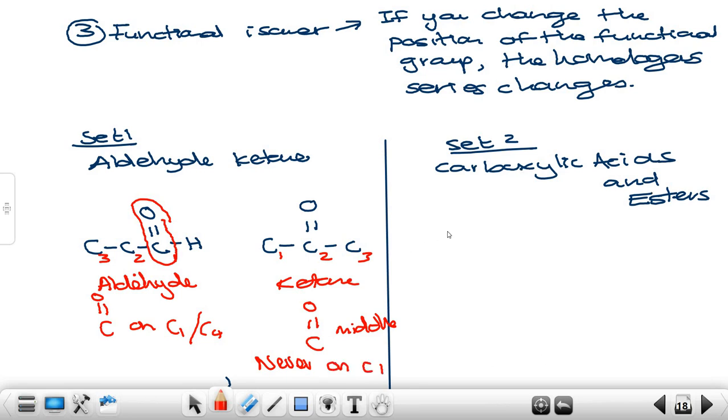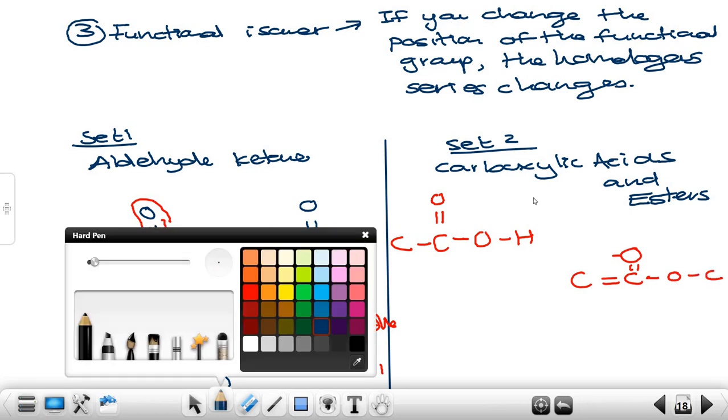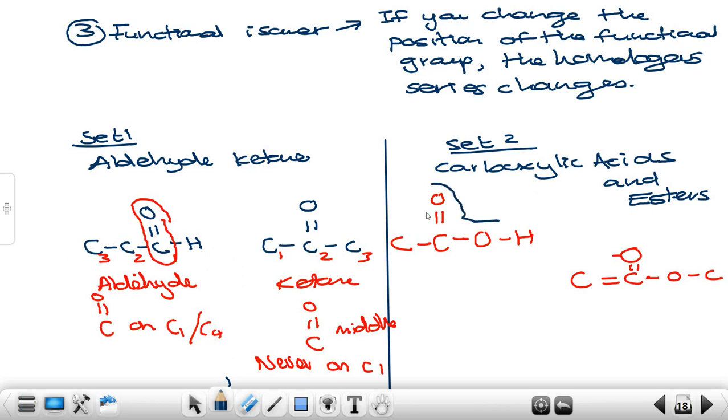Carboxylic acids and esters are exactly the same. If we have a carboxylic acid, we still have, similar to this, the group at the end because the H must complete that molecule. This is a carboxylic acid. But if it's an ester, it is in the middle of carbons. It's the same structure, in other words, because here is the functional part, and here's the very same thing.